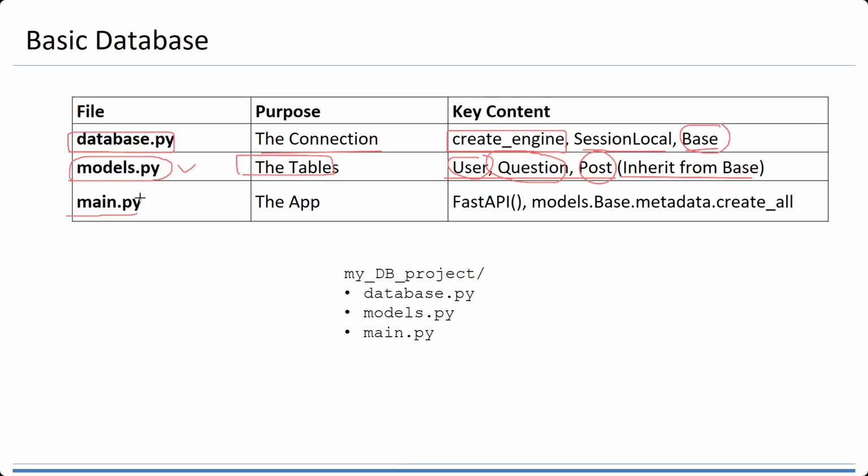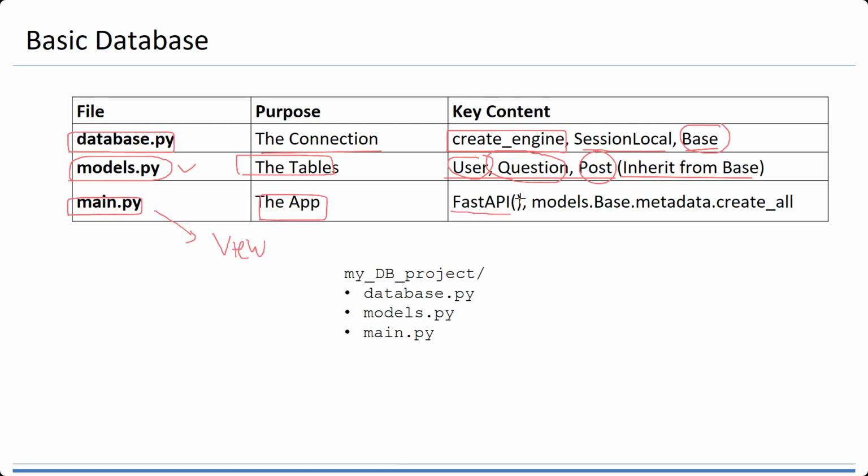And the last one is main.py. This is the app that you already learned before, or sometimes we can just say this is the view section.